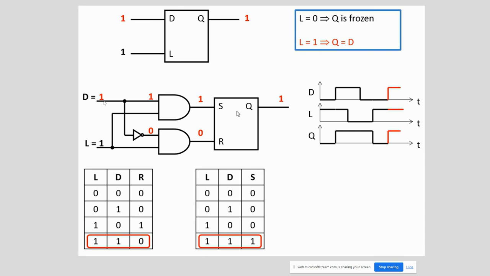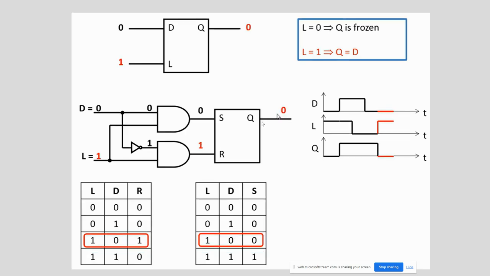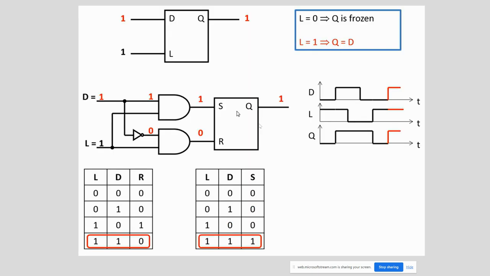We have both ones, both high. Coming in, we have 1 and 0. So when we have D is 1 and L is 1, we know R is 0. And then when we have D and L here as 1, we know the S coming is 1. And then because this one is 0, Q is frozen, because previously we had Q as 1.